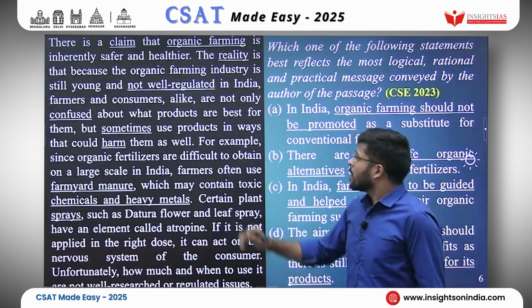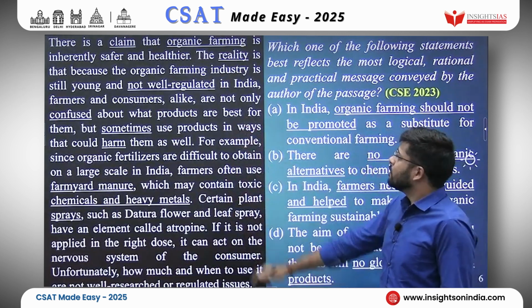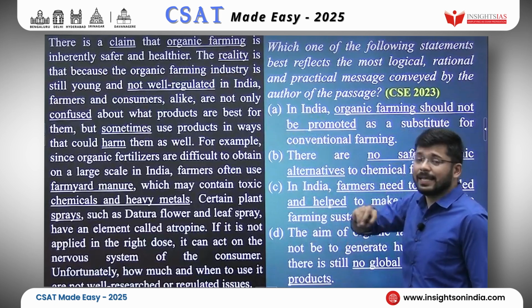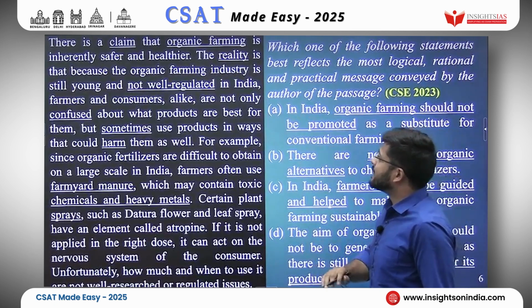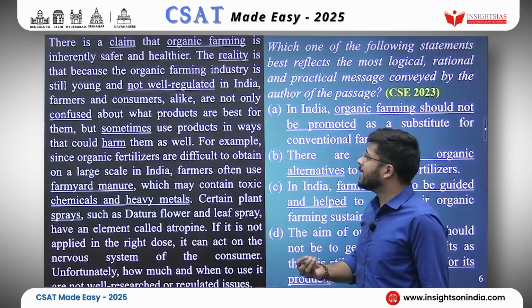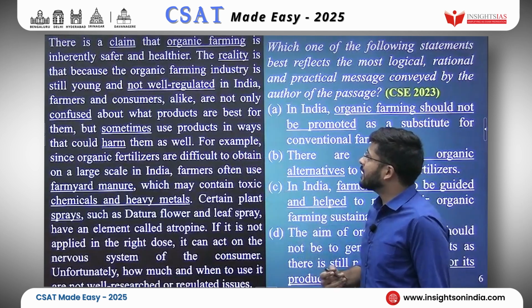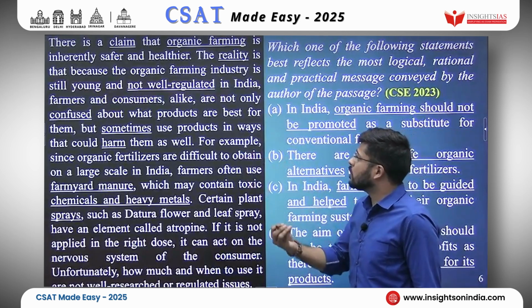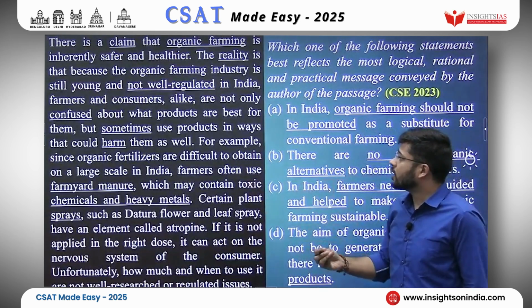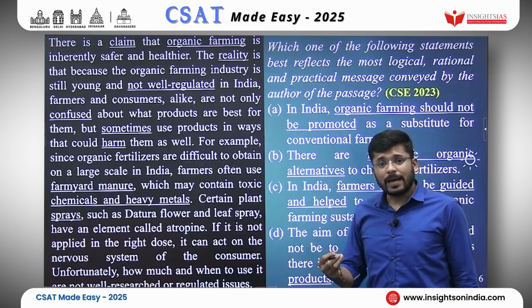Passages. Let's read the passage. There is a claim that organic farming is inherently safer and healthier. The reality is that because the organic farming industry is still young and not well regulated in India, farmers and consumers alike are not only confused about what products are best for them, but sometimes use products in ways that could harm them as well.